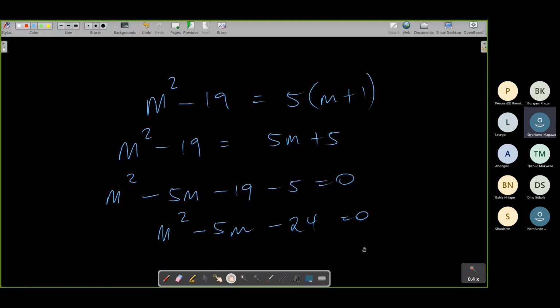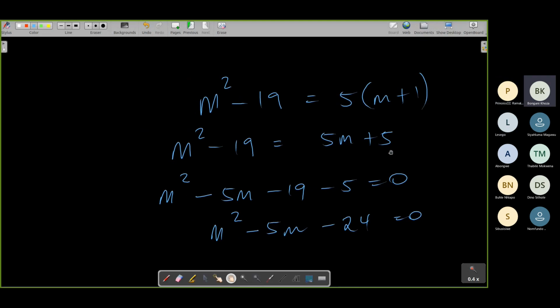Yes, I also divided. After that I had 5m squared equals negative 19 plus 5, negative 14, and then 5 divided by 5, so m squared equals negative 14 over 5.